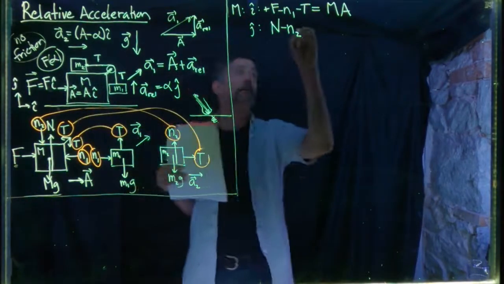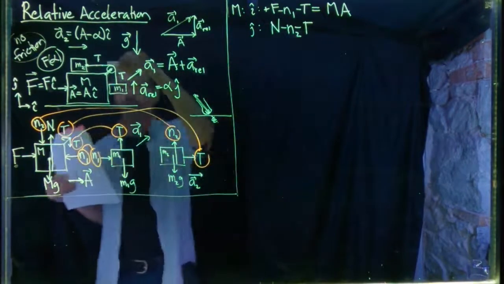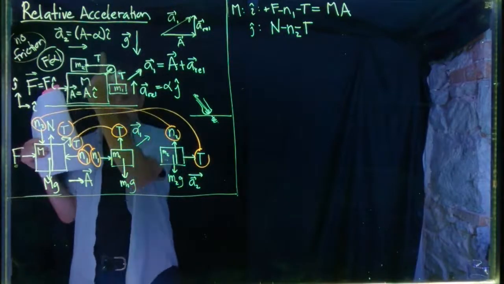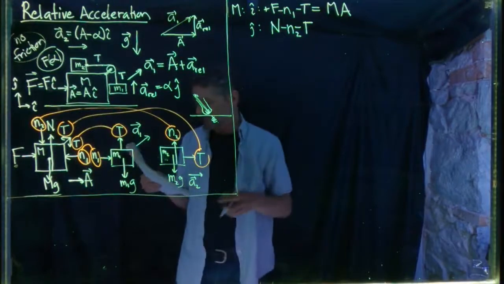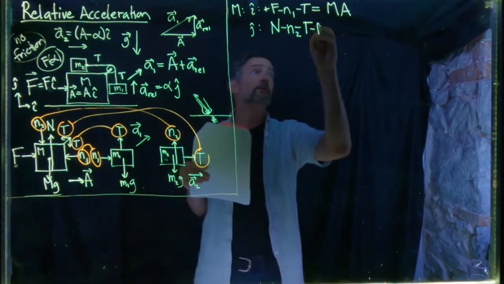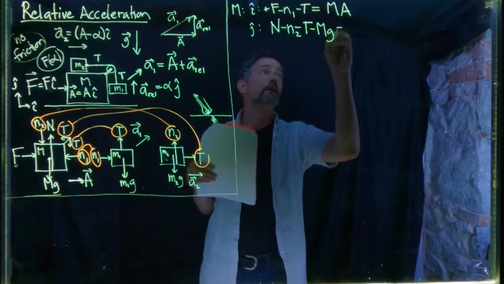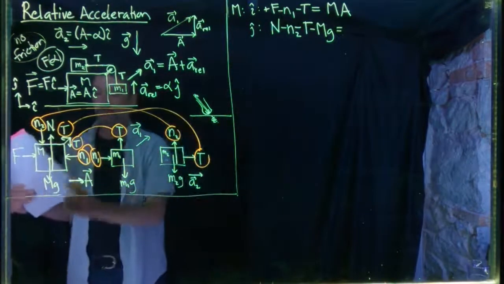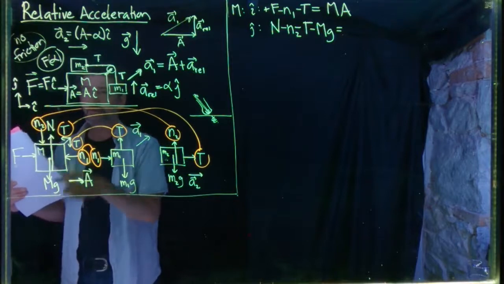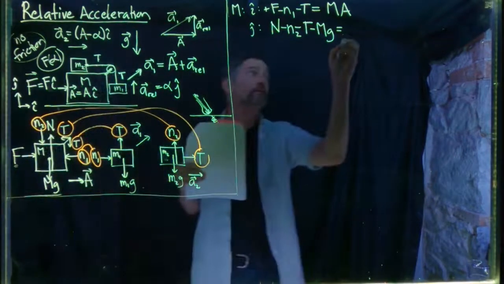There's a minus tension from this rope here, pulling M2 down into the ground. The normal force has to be bigger. And then finally there's the weight, the gravitational force. All of those forces in the vertical direction better equal the mass big M times the vertical acceleration. Well, there's no vertical acceleration, so that's equal to 0.